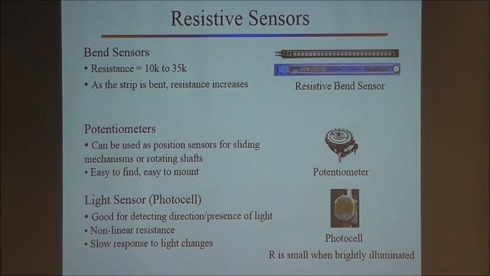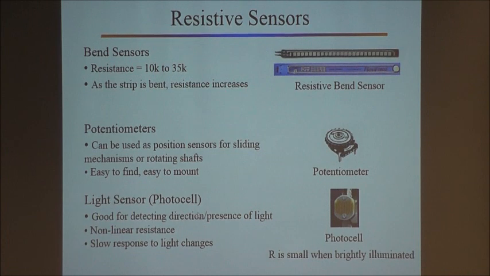Not exactly the way that we built it, but some other ones are looking at that. And high dimensional degrees of freedom for those kinds of robots. Potentiometers can be used as a position sensor for sliding mechanisms or rotating shafts, easy to find, easy to mount.